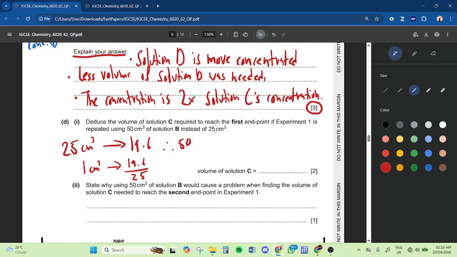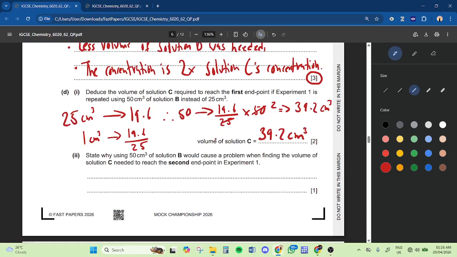So for 50, it's going to be 19.6 divided by 25 times 50. So you're going to get 19.6 into 2, and you're going to end up with 39.2. And remember, there's no unit here, so you need to add a unit. So your 1 mark is for writing 39.2, and your next mark is for writing cm cubed.